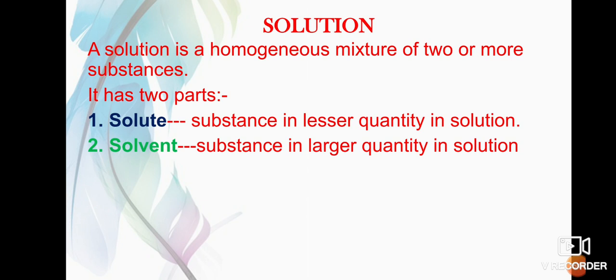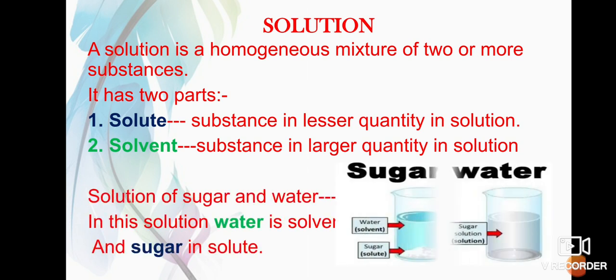For example, if you want to make sugar water, we add a little sugar, a less amount. That is the solute. And water is the solvent because we use water in a huge quantity, one glass of water, and we add one tablespoon of sugar.